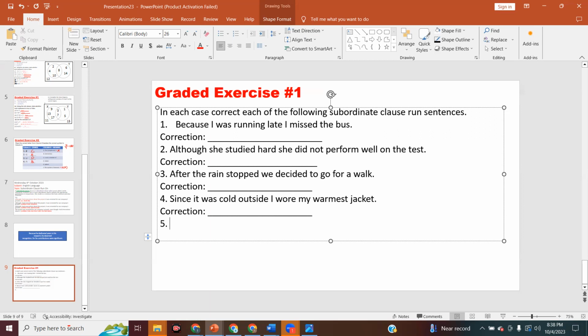Number 5, although the hike was challenging, we reached the summit, and the view was breathtaking.